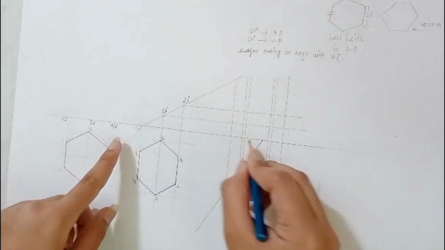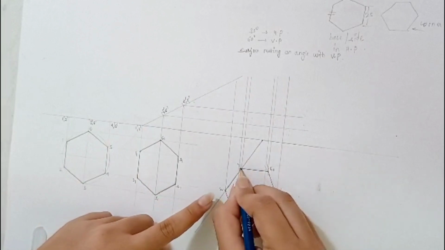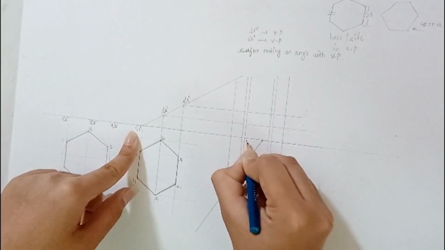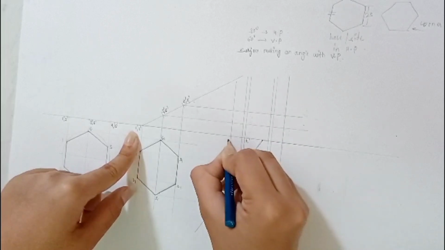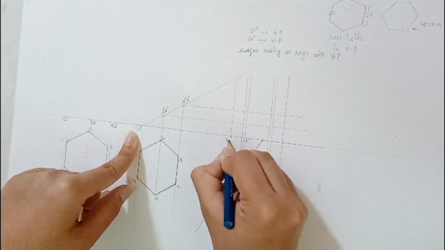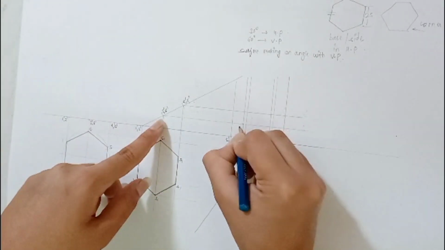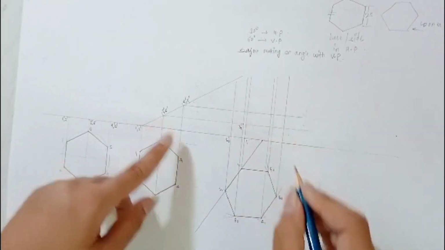Now finally obtaining the cross section points over here. Here we find the projectors, that is 1 1 dash, 2 1 dash, 3 1 dash, 4 1 dash, 5 1 dash and 6 1 dash.